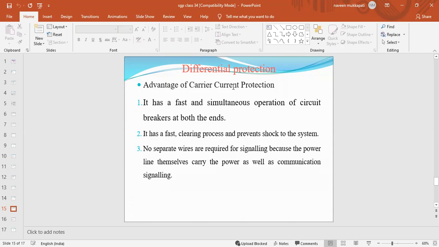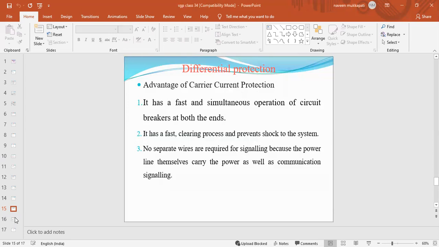Because we use the wires that carry the power, and those lines also transmit the communication signals as well as the power. That is the main advantage of carrier current differential type of protection.